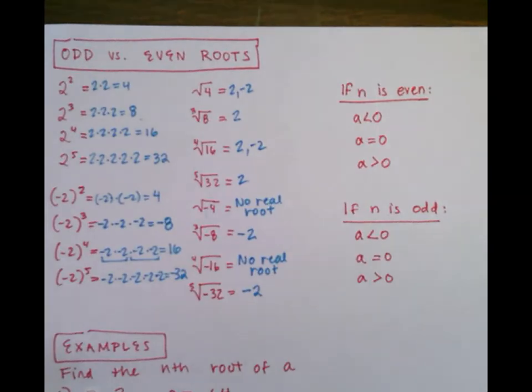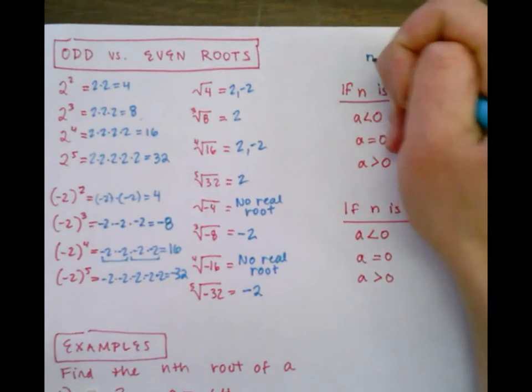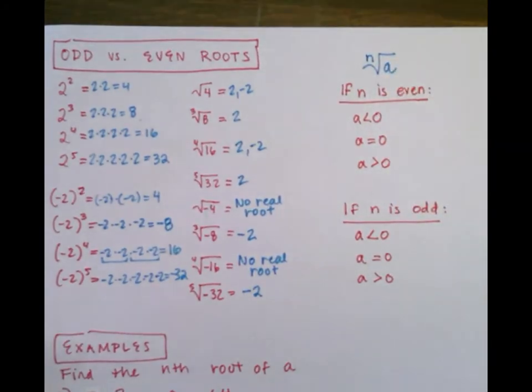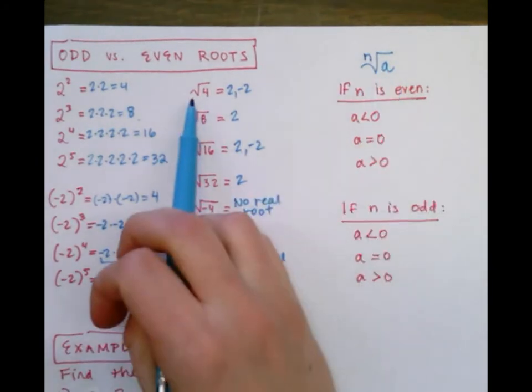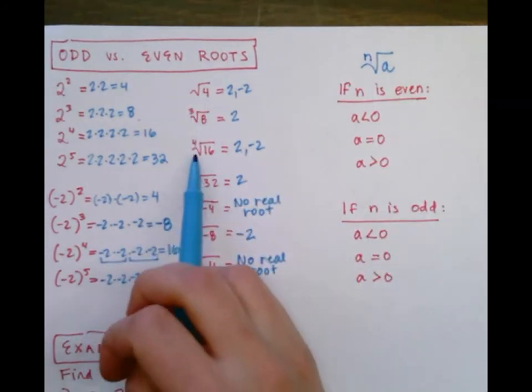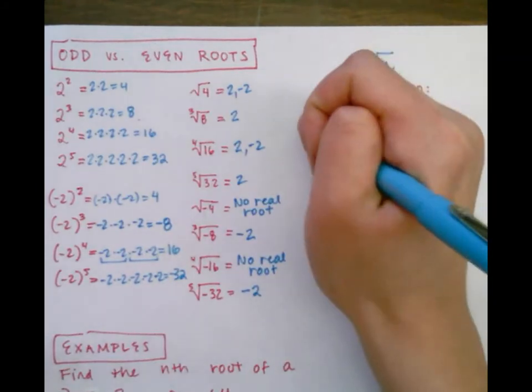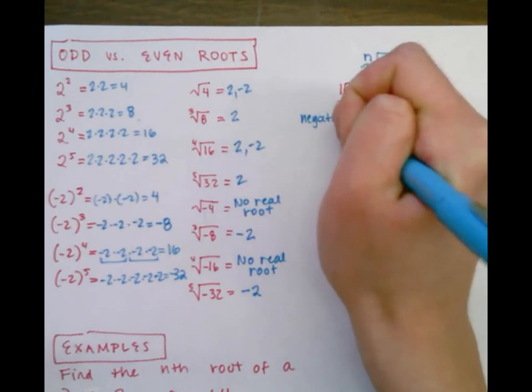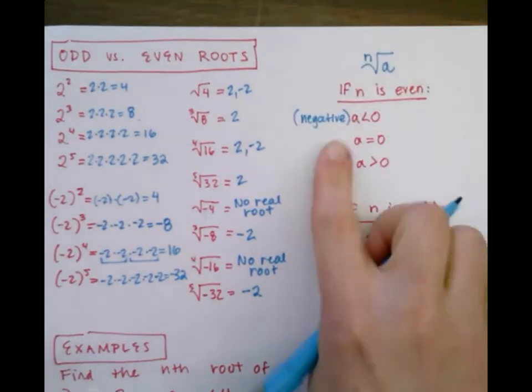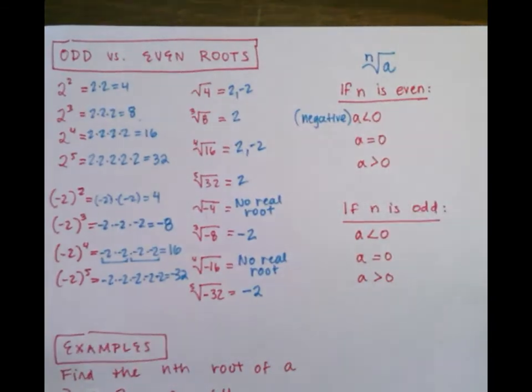But the idea would be, we're going to separate it into the cases where n is even or n is odd. So if n is even, let's just remind ourselves, n is the root, right? a is the number inside the root. So if n is even, like 2 with the square root of 4, or 4 with the fourth root of 16, then if a is less than 0, that means if a is negative, just writing that for our notes, what happens if we have an even root?